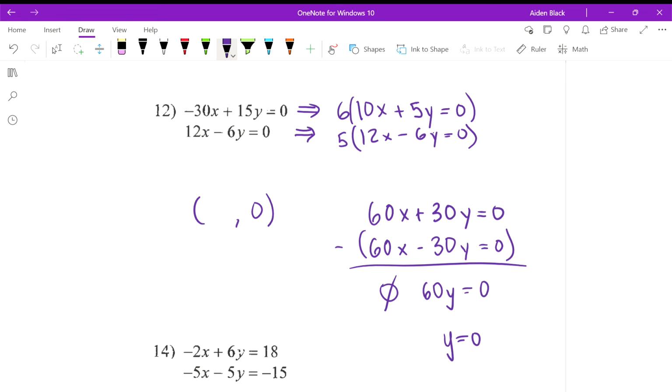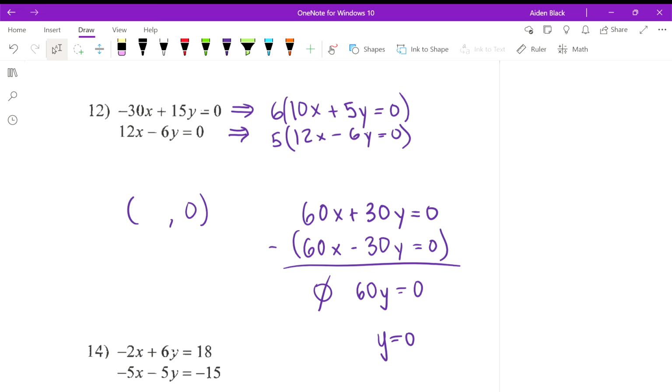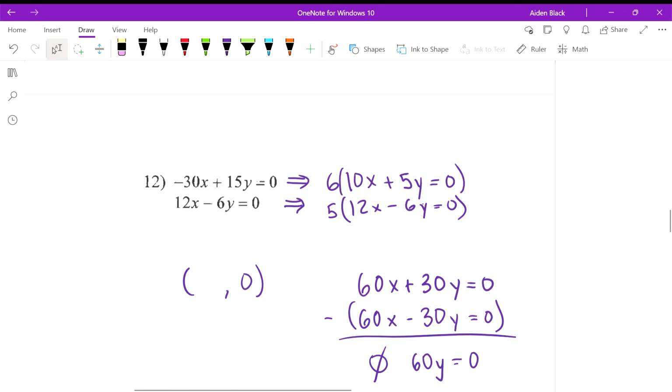So our y value is 0. And then if we plug that in for either of the equations, maybe we'll do the second equation. 12x minus 6y equals 0, where y equals 0. 6 times 0. We get 12x equals 0, so x must also equal 0.